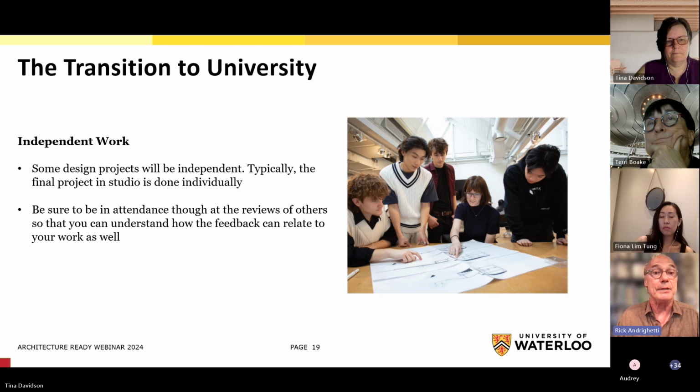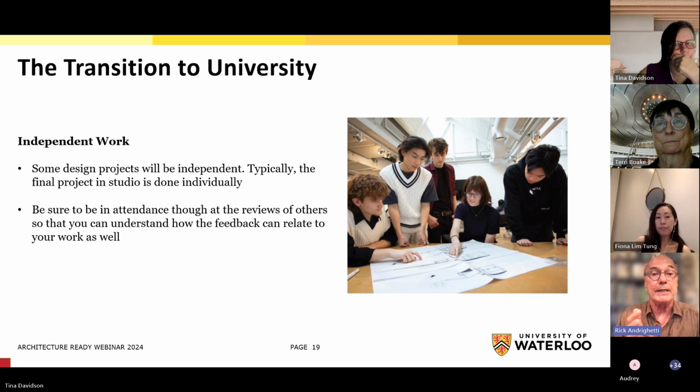Some of them will be independent. You'll be working on your own, and that's something you're probably somewhat familiar with from high school, that most of your work is independent. But even though it is independent, you're part of a culture. You're part of a community, and you're all learning together. So it's very important that you attend and listen in on other students' reviews so that you can understand their feedback and how it might relate to you.